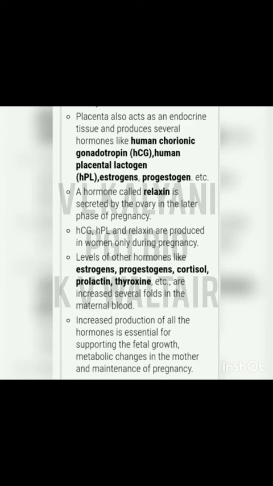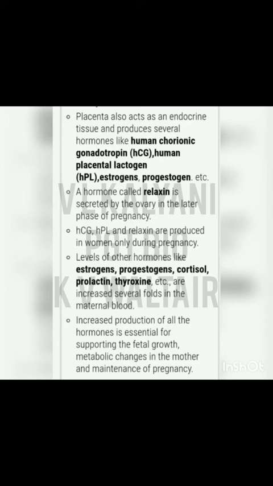And other hormones normally produced in the body of the female, like estrogen, progesterone, cortisol, prolactin, thyroxine, all these hormones also will increase in the mother's blood. Their levels will increase.